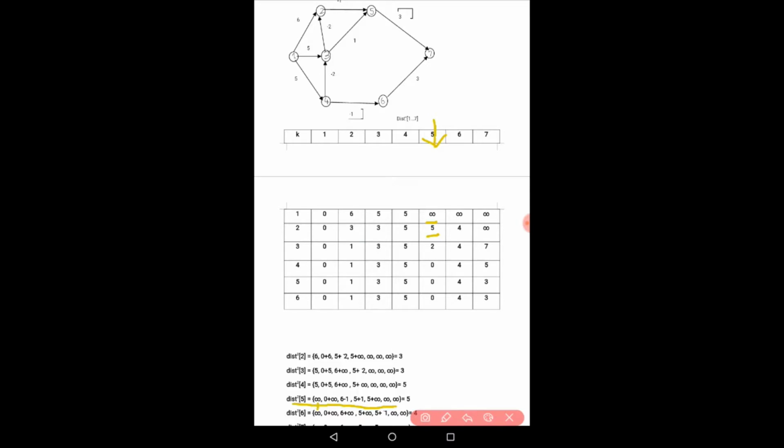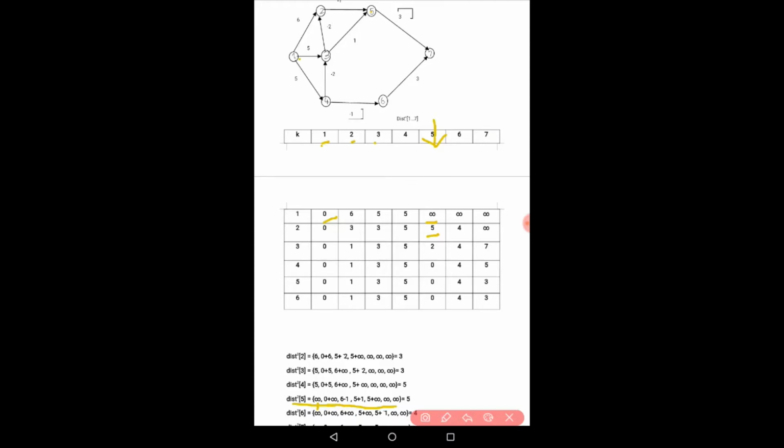Then from all the remaining nodes I have to write the distance. First I will go for node 1. Node 1, what is the previous value? Just previous row I will get it as 0. So that is 0 plus, then node 1 to my current node 5, 1 to 5, what is the distance? There is no direct distance, so that is infinity. So I will write 0 plus infinity.